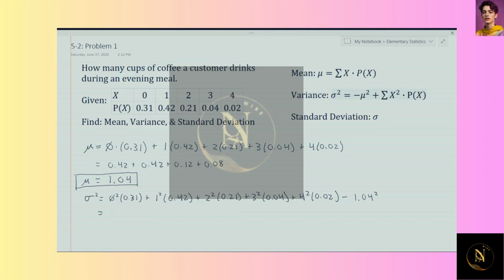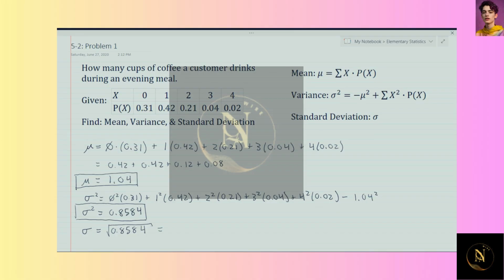All right, so that ends up being equal to 0.8584. Let's call that the variance. And of course, we can easily get our standard deviation simply by taking the square root of 0.8584.